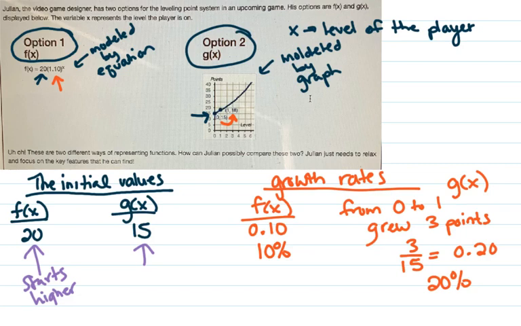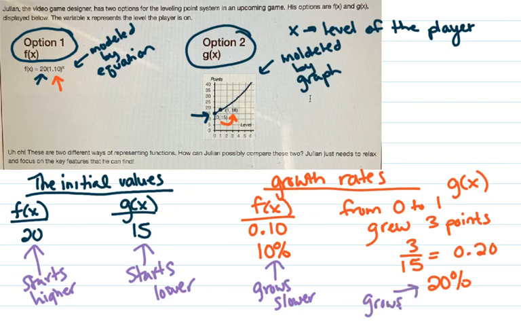So g of x starts lower, f of x starts higher, but then f of x grows slower and g of x grows faster. So for Julian, it's really going to depend on what he wants. Does he want a point system that starts out higher, or does he want a point system that's going to grow faster?